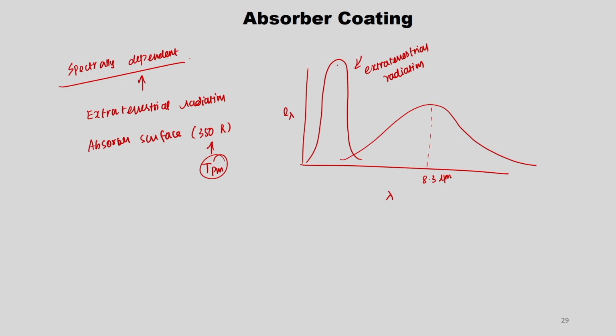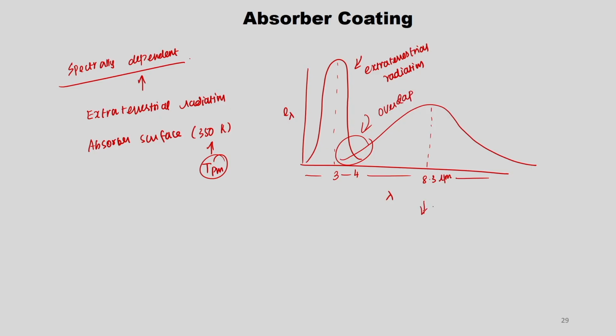The maximum of solar radiation lies around 3 to 4 micrometer. So, there is absolutely not much overlap.